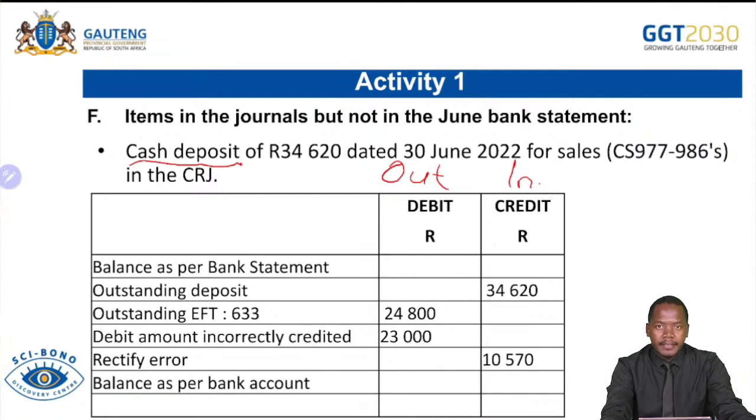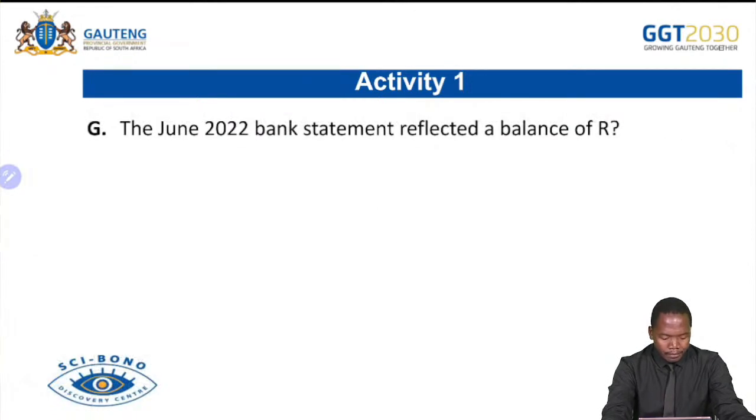Right, moving forward. Information G, the June 2022 bank statement reflected a balance of question mark. It means this is going to be our balancing figure.